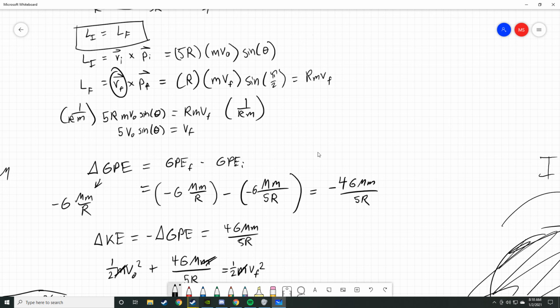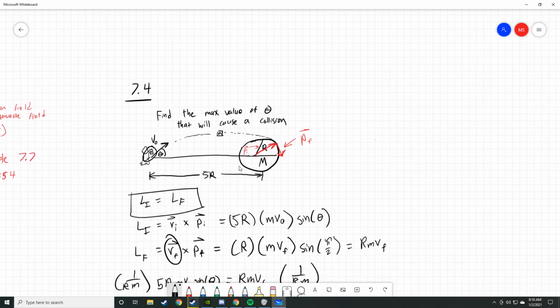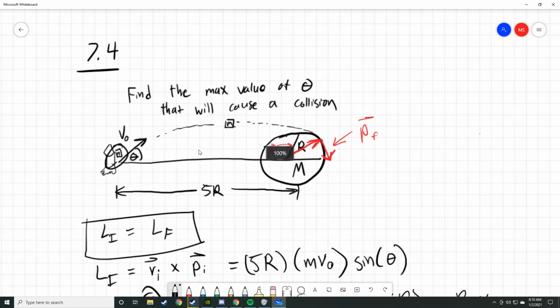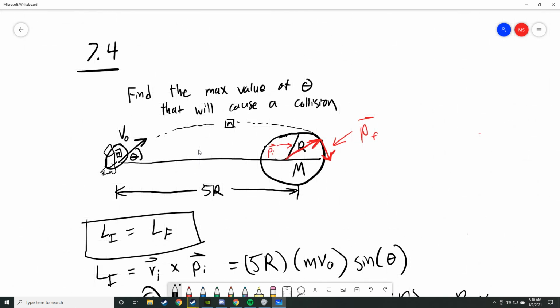But the real point, and I think the thing that really hits home in this problem, is that if you have a force that is acting along the radial vector, it's not parallel, but is coinciding with the vector that you use for your radius in these cross product calculations, you're actually not going to change the angular momentum.